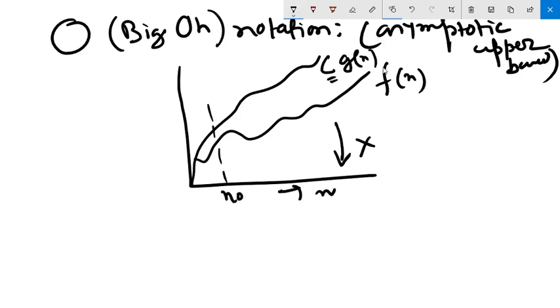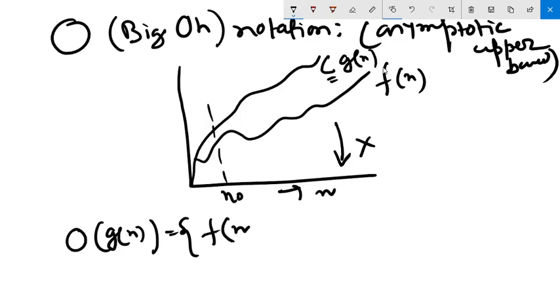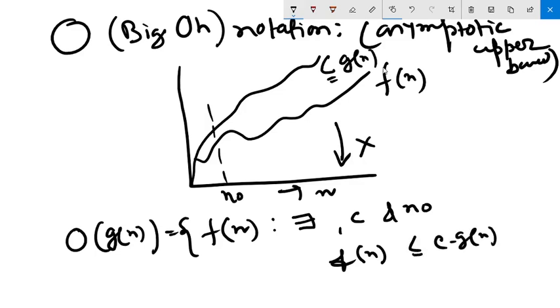So how to represent this? This representation is easy. We'll again write here that big O of gn is equal to fn such that there exist positive constants c and n0 such that fn is less than or equal to c into gn, because c into gn is the top, and fn should also be greater than or equal to 0.